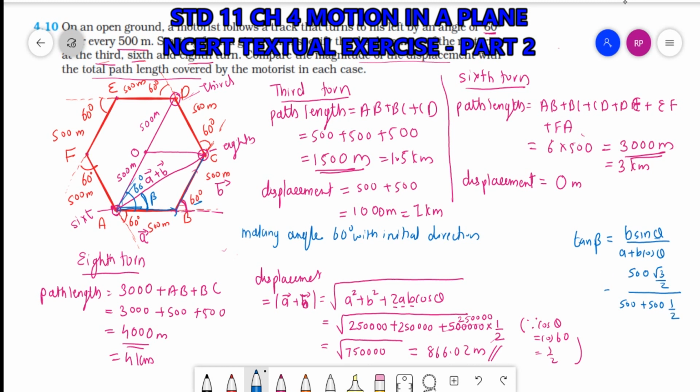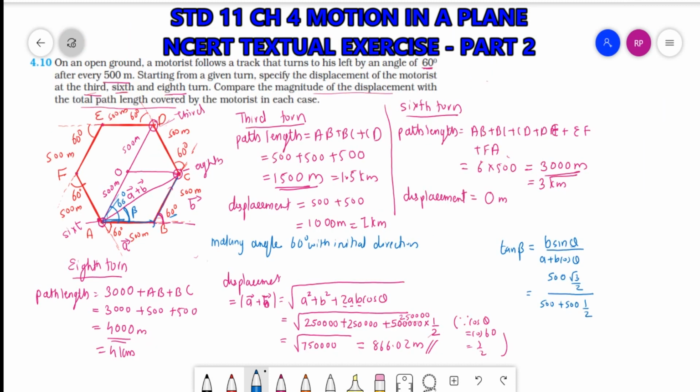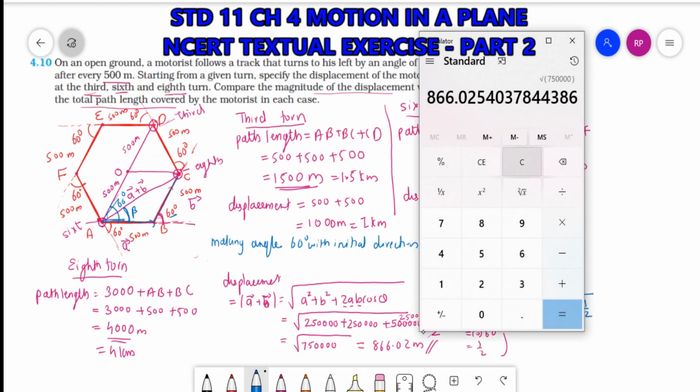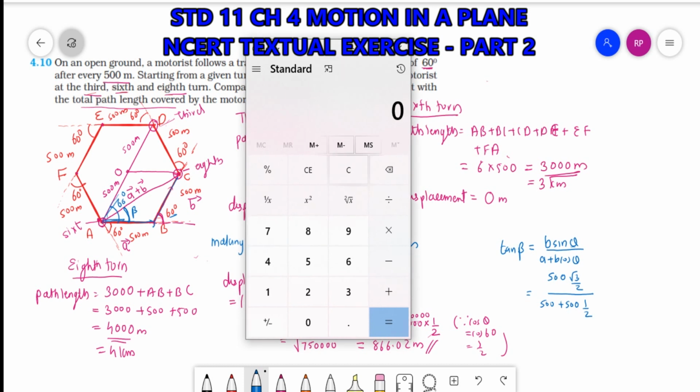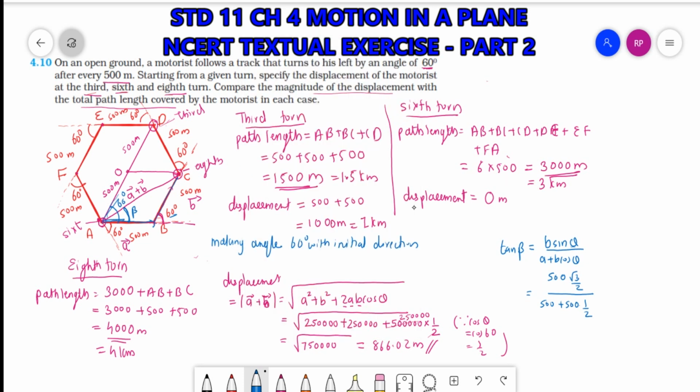Clear? So let us solve this. 500 into root 3 by 2. So let's take root 3 divided by 2 into 500. That is 433.012. And in the denominator, 500 plus 500 into 1 by 2, that is 250, so 750.